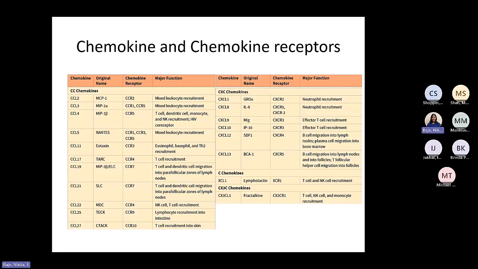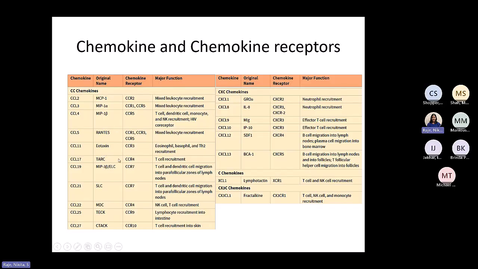So thankfully, this is all you get to learn. The unfortunate part is it doesn't make it any easier either. So again, chemokines and their chemokine receptors here, and then of course the chemokines had different names that you are expected to know at least some of.